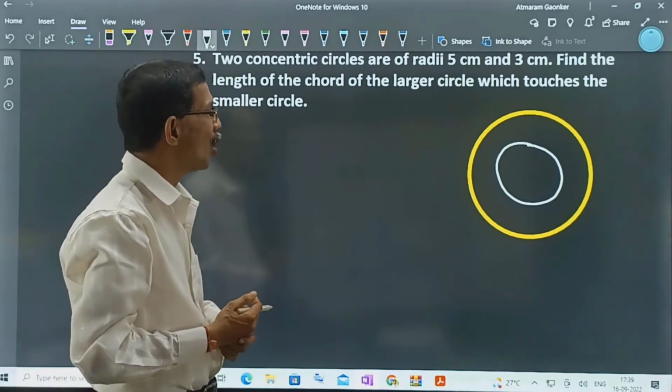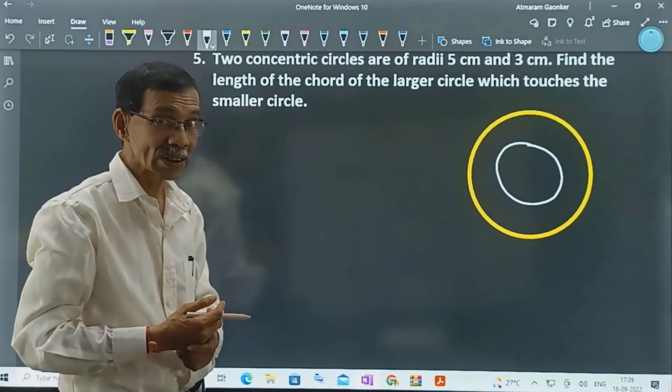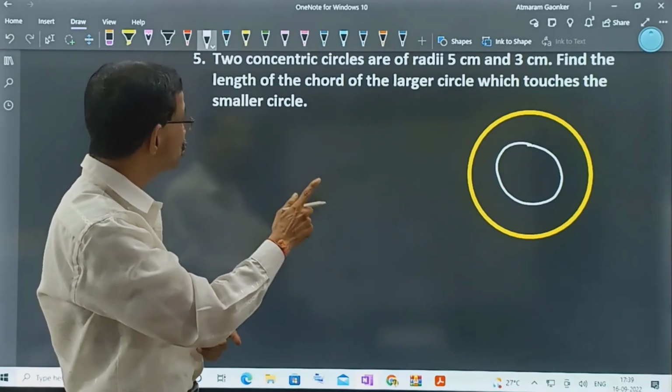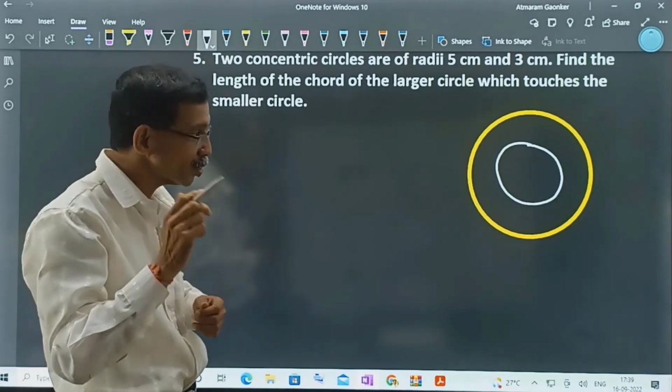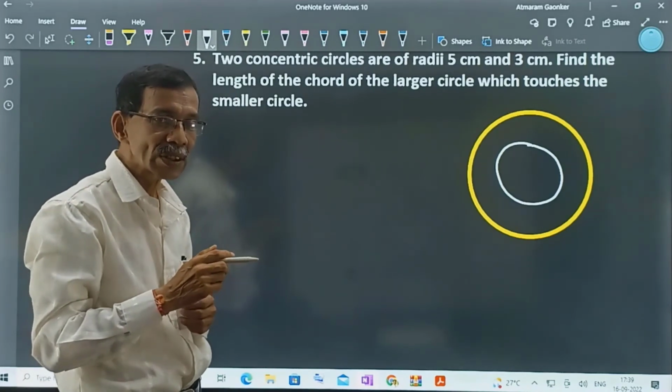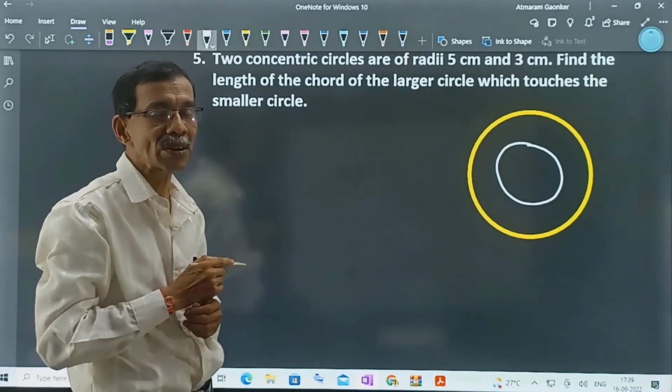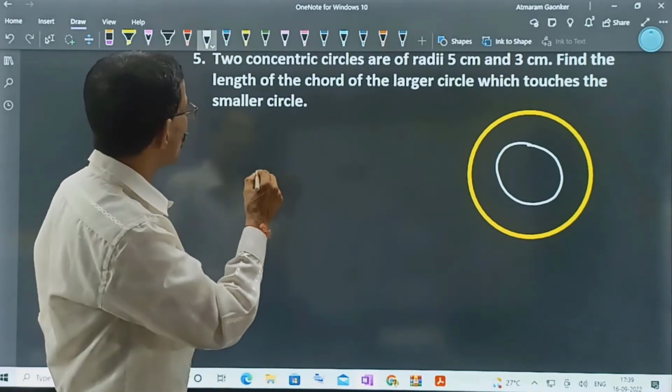Find the length of the chord of the larger circle which touches the smaller circle. That means the chord becomes a tangent to the smaller circle because it just touches. So let me draw that.